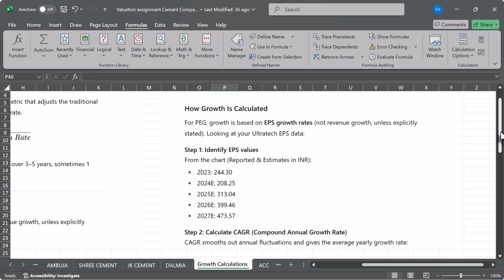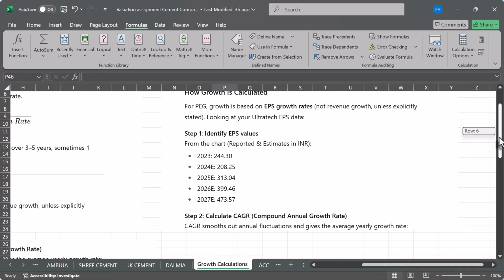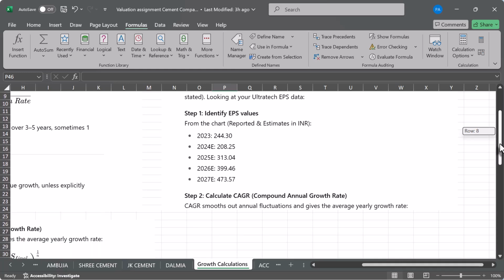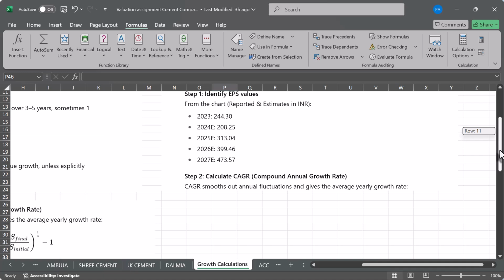How growth is calculated. For PEG, growth is based on EPS growth rates, not revenue growth unless explicitly stated. Looking at your Ultratech EPS data, step 1, identify EPS values from the chart, reported and estimates in INR, for 2023 and then 2024 to 2027 estimated. Step 2, calculate CAGR.